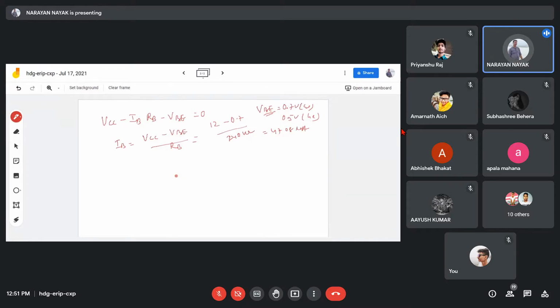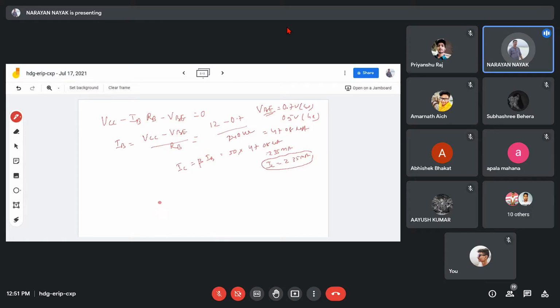Once you have IB, IC is beta times IB. Beta is given as 50. So 50 into 47.08 microampere is about 2.35 milliampere. So one value you got: IC equals 2.35 milliampere.